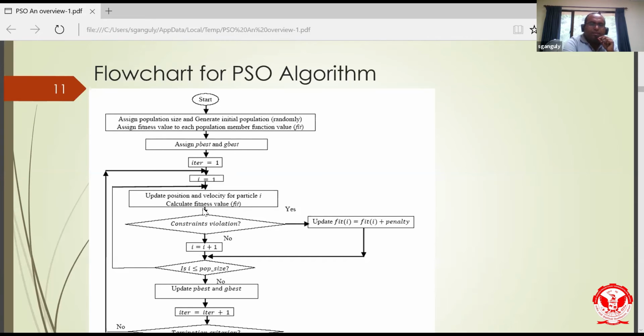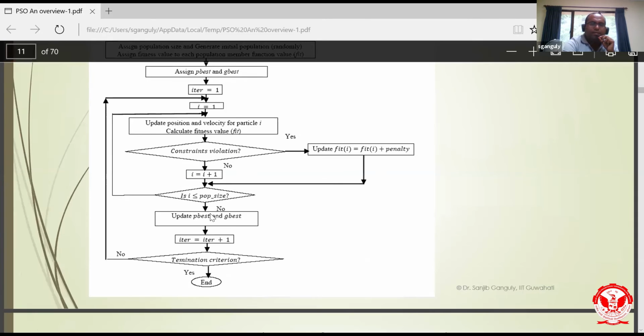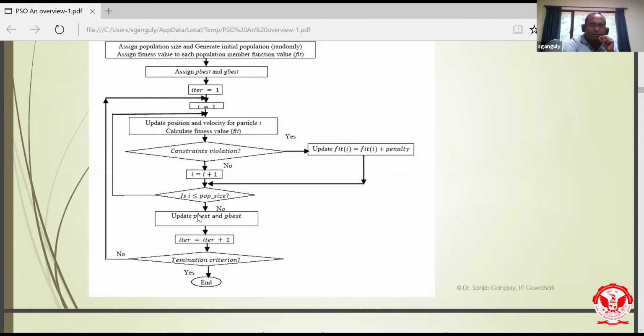Then you check whether a constraint is violated. If a constraint is violated, you can add a penalty factor, or use some other approach for constraint violation. Then you update the population.